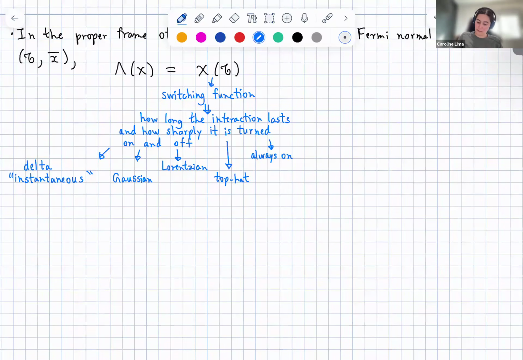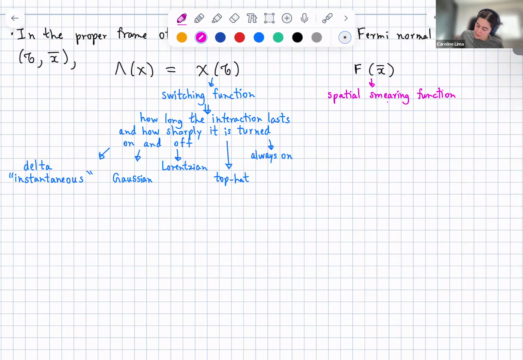There are several options. Now, as I said, the spacetime smearing is going to decompose into some switching function times the spatial smearing function, times f of the spatial components, right? So this is the spatial smearing function. Again, we are multiplying the two.